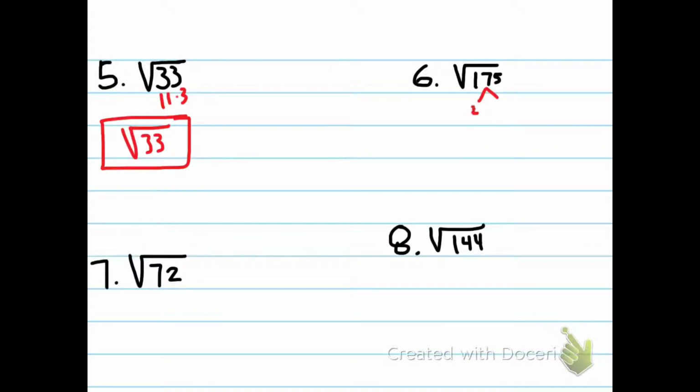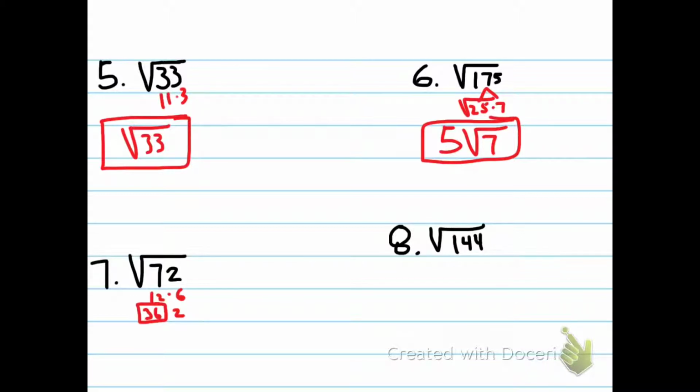So 25 times 7 is the factors, and the square root of 25 is 5. So your answer is 5 root 7. For 7, the factors could be 12 times 6 or 36 times 2. 36 is actually a perfect square, so I'm going to use that. The square root of 36 is 6, and on the inside it's 2. So 6 root 2 is our answer.